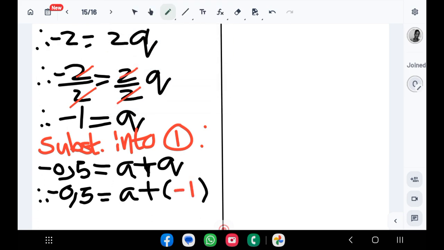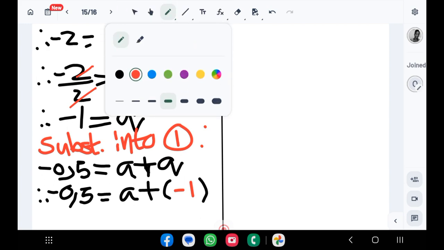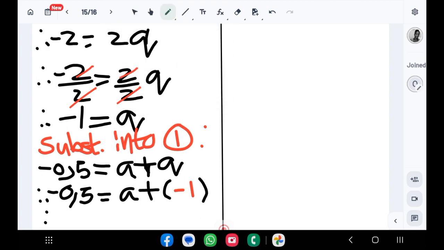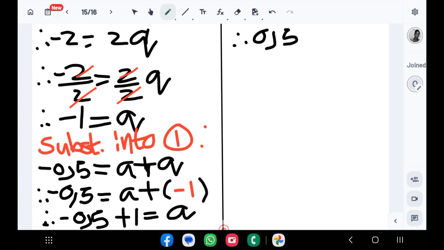Now you take everything to the left-hand side. Therefore, negative 0,5 plus 1, it becomes plus 1 equals a. Negative 0,5 plus 1, or 1 minus 0,5, that is 0,5. Therefore, 0,5 equals a.